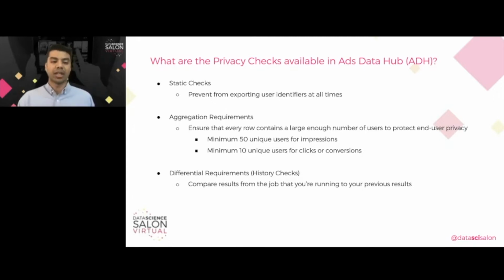The last check is around differential requirements, and that's what the title of the whole talk is all about. It provides history checks. So when we are trying to re-query the same data again and again with different rules, like a mix and match of different rules, we will be trying to compare the results of this job with my previous job.